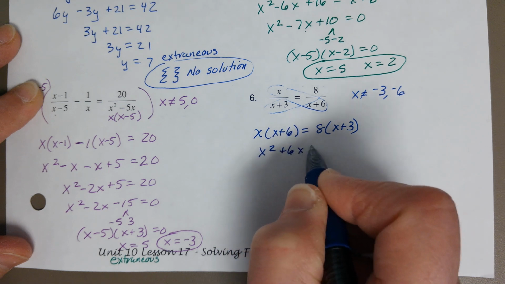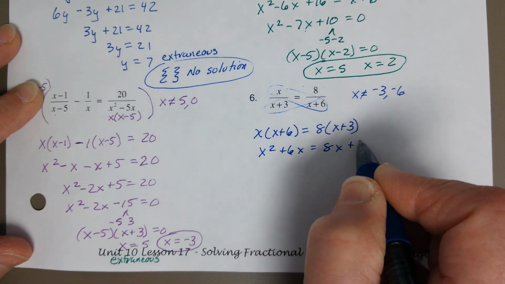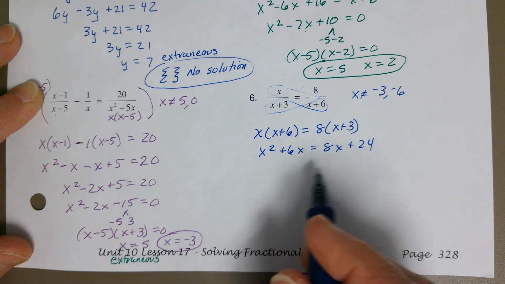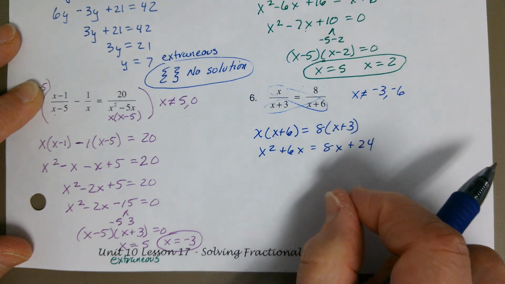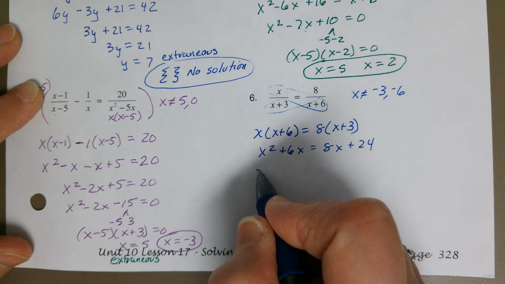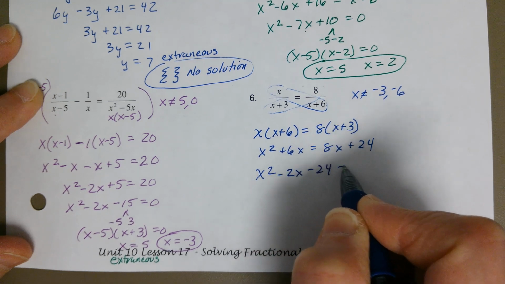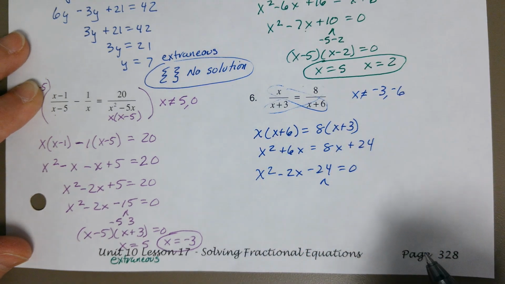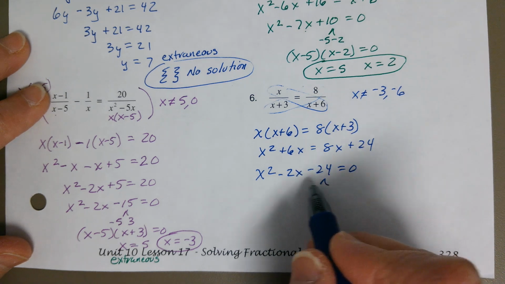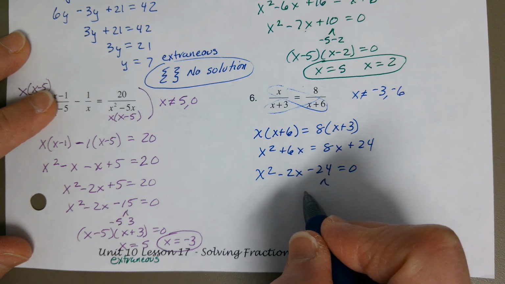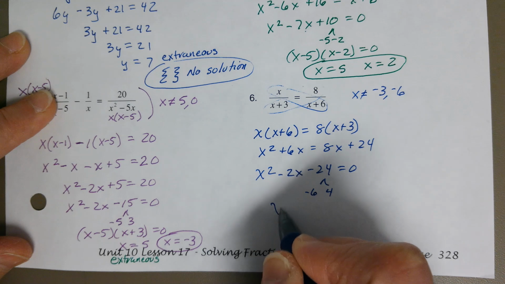Distribute. Standard form, bring the 8x and 24 over to the left-hand side. And factor. Factors of negative 24 that sum to negative 2 are negative 6 and 4.